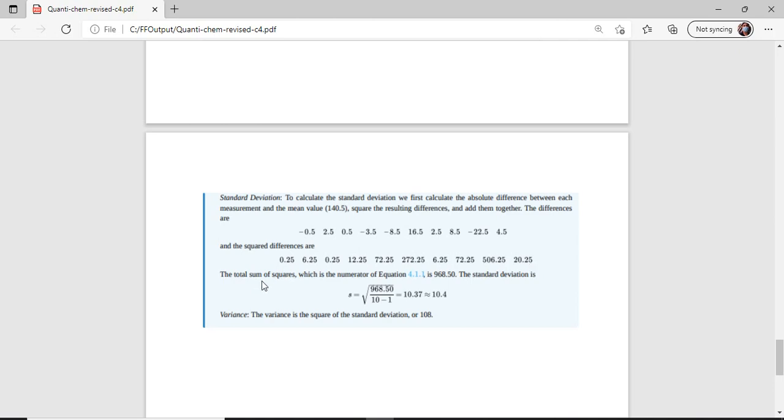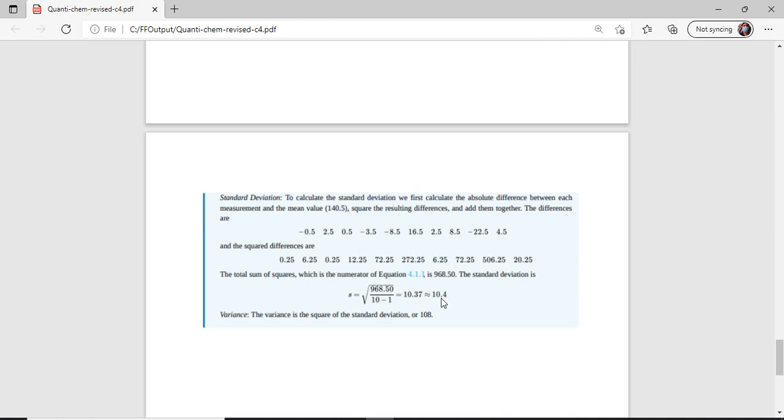The total of these values is 968.50. Then you divide by the total number of data points minus 1. You have 10 values in total, minus 1, which is now 9. Then take the square root, which gives you 10.37. If you round off to 1 decimal place, the standard deviation is 10.4.